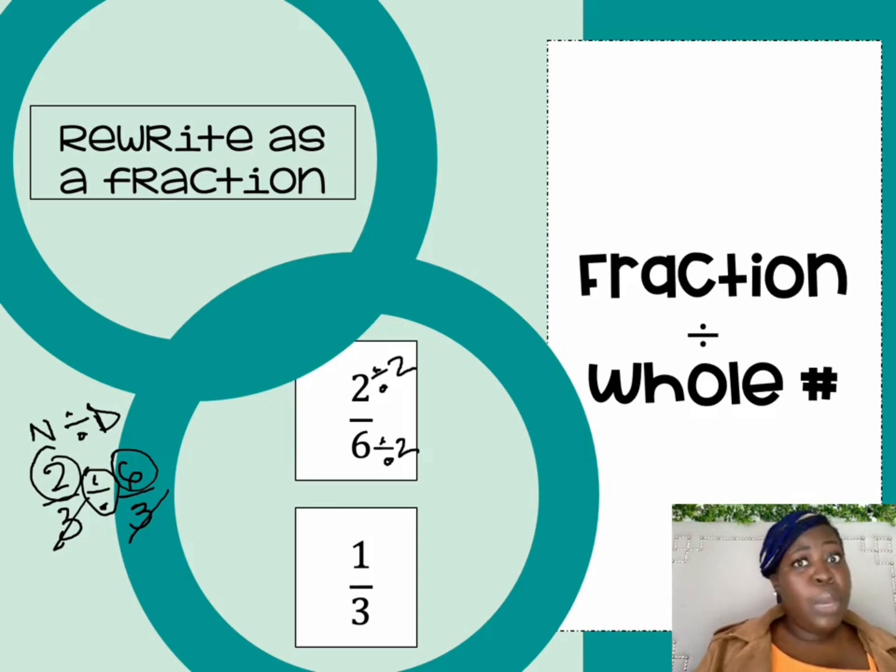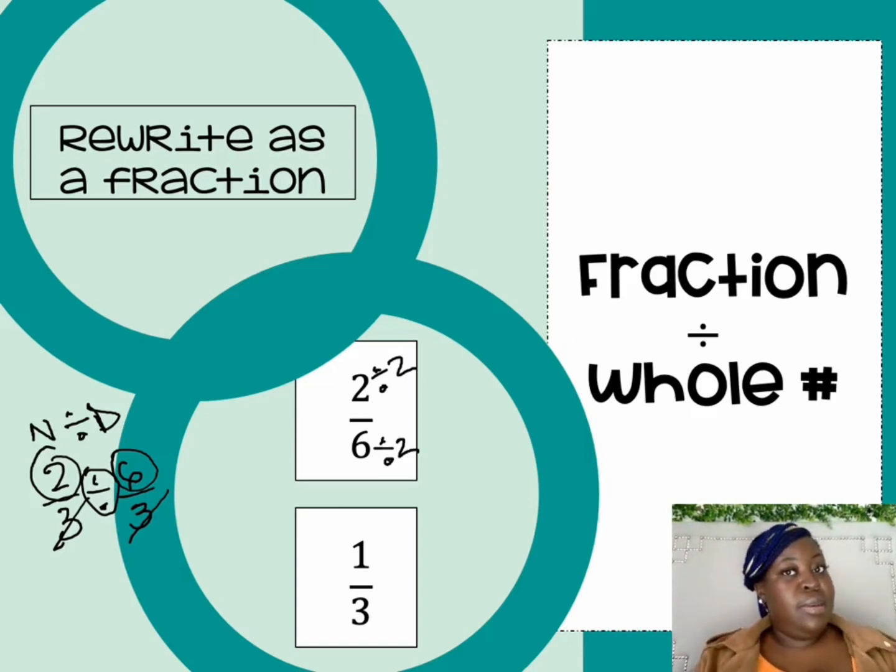You can either draw your bar model or you can find your LCD by changing your whole number into a fraction. And you'll see that once you do that, you are always going to get 2 different denominators. You can always go back, watch it, and make sure that you understand what you're doing when you're dividing a fraction by a whole number. See you in the next lesson.